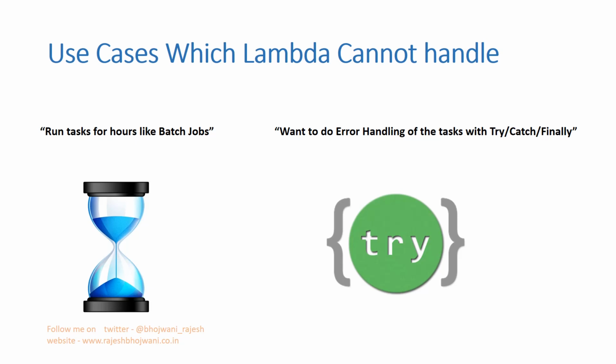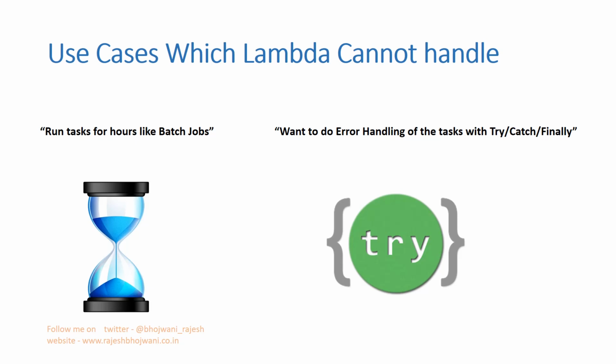Now let's talk about one of the most common scenarios where people started using Lambda functions, which is batch jobs. Now we know that the maximum execution time allowed for Lambda is 15 minutes.